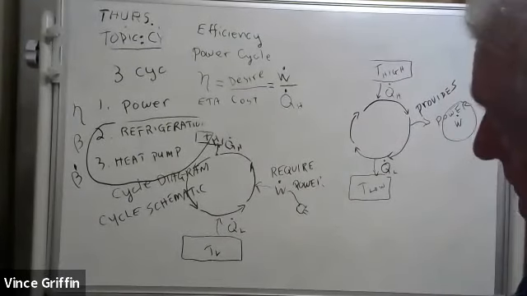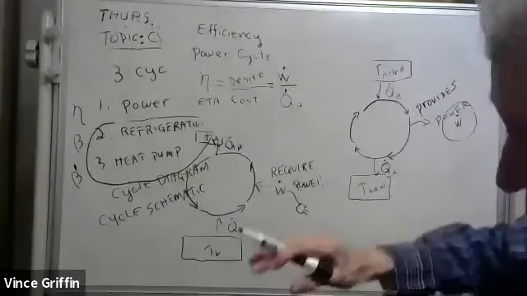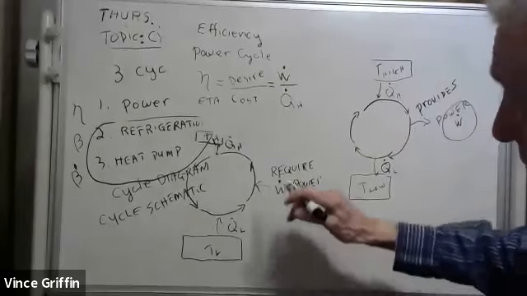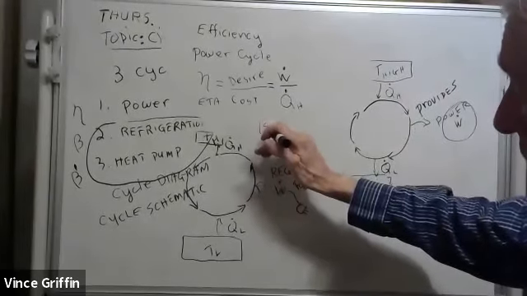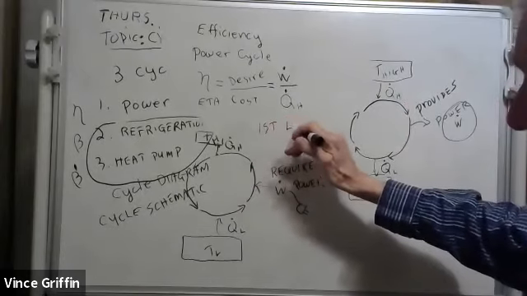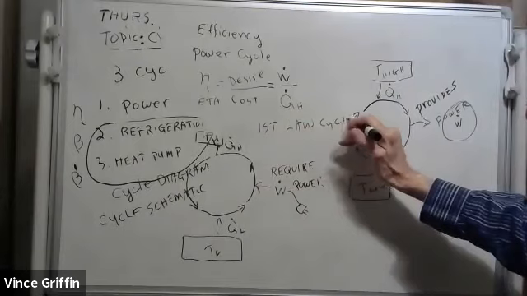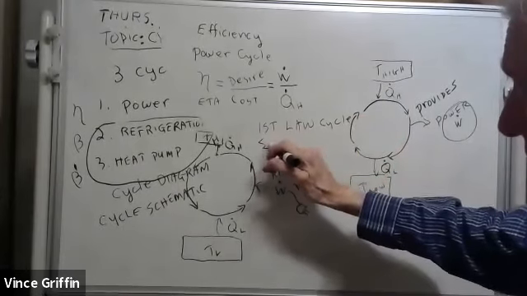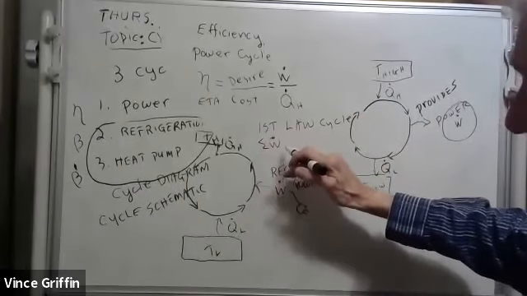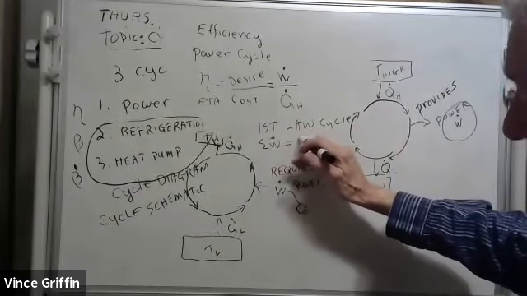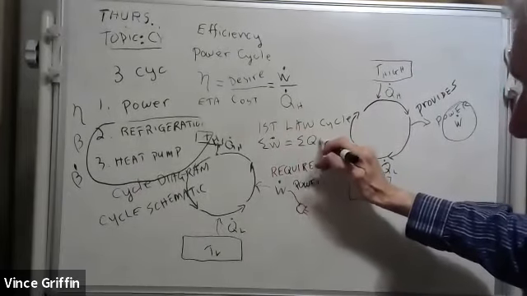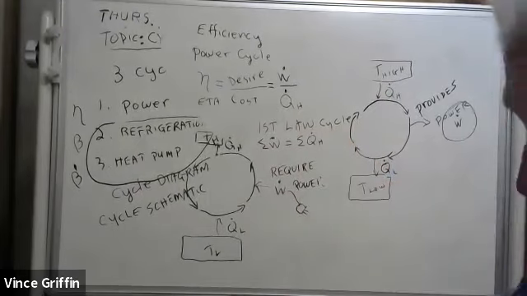Now, according to the first law, the first law for a cycle says that the sum of all the input power has to equal the sum of all the heat transfer rates.